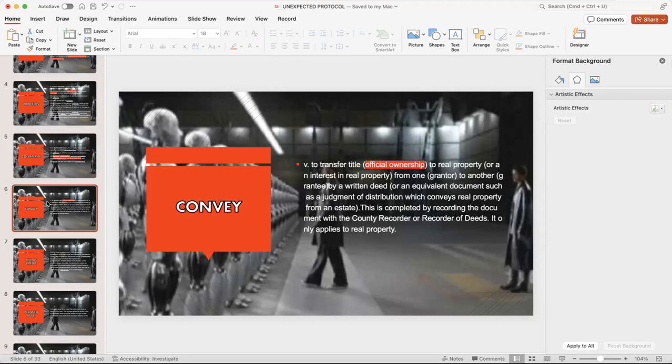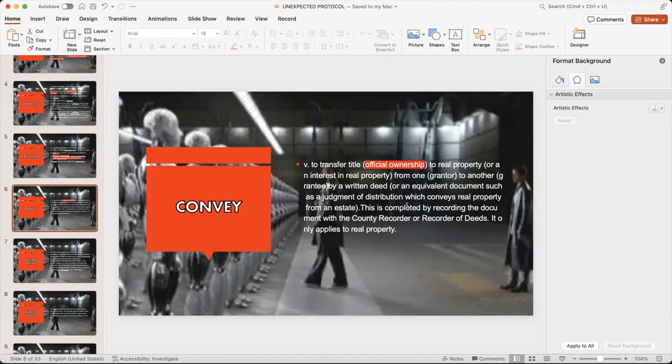So the other word that I mentioned earlier is convey, that we convey in our contracts. So it says to transfer title, official ownership to real property or an interest in real property from one grantor to another grantee by written deed or an equivalent document, such as a judgment of distribution, which conveys real property from an estate.